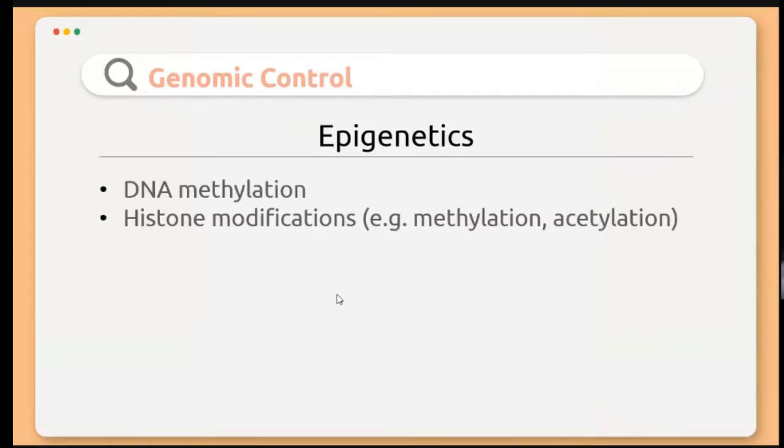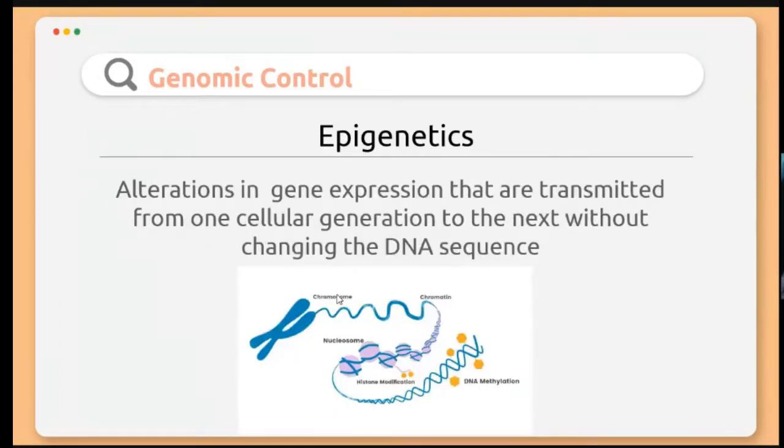Ayun, so i-discuss na natin yung DNA methylation and histone modifications. DNA methylation and histone modifications are part of this, under the so-called epigenetics. And what is epigenetics muna? Epigenetics is the alterations in gene expression that are transmitted from one cellular generation to the next without changing the DNA sequence.